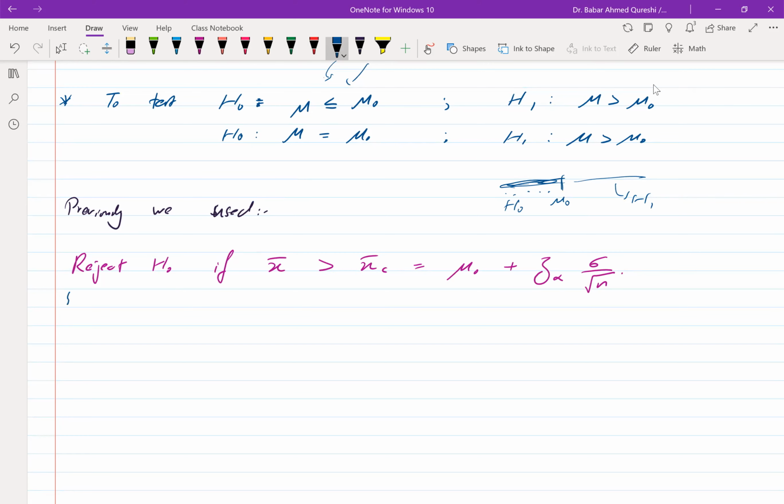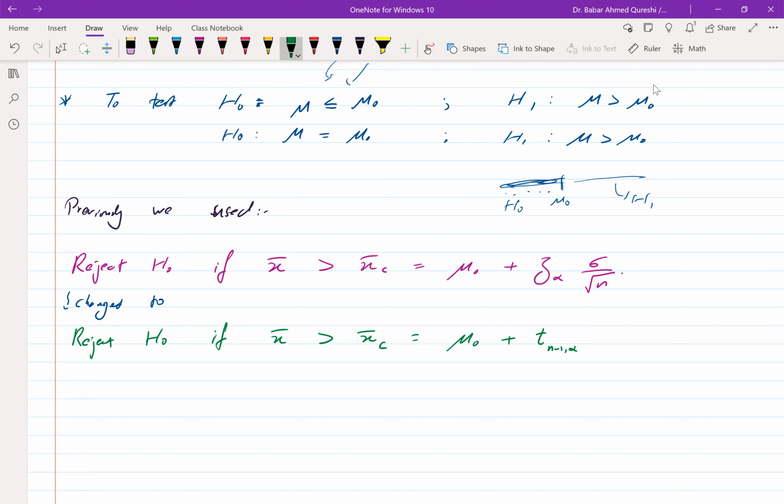This will be changed to reject your default hypothesis if your sample mean is greater than this critical value, which now is given by mu naught plus, instead of standard normal, you have the t-distribution. And the t-distribution has an index depending on how big is your sample.